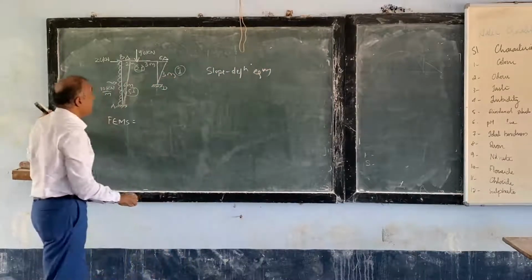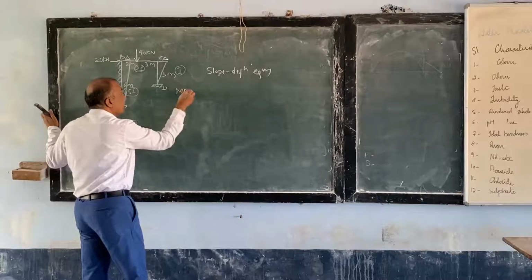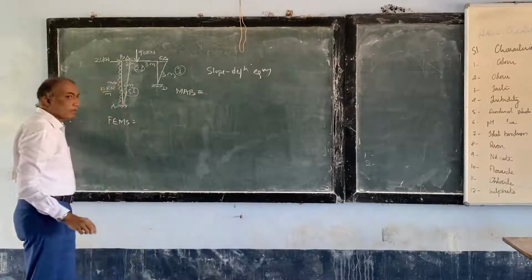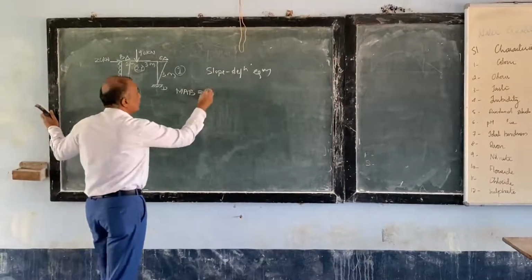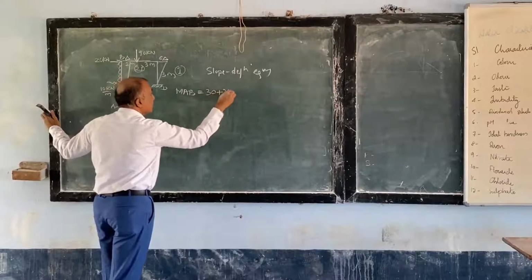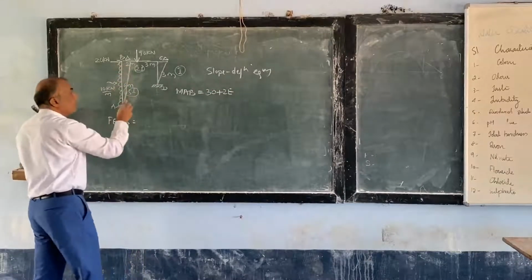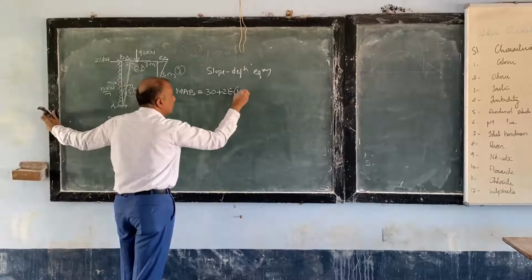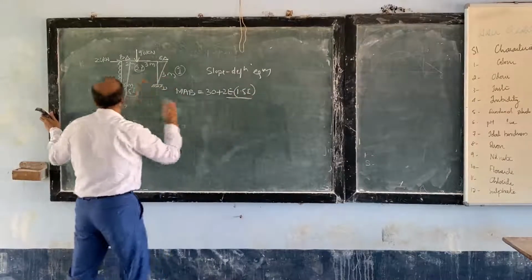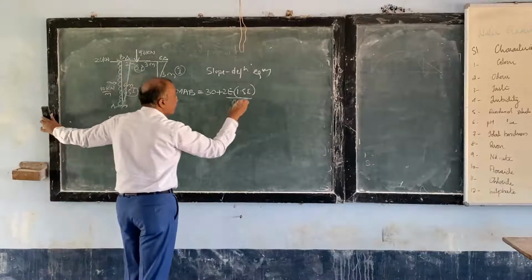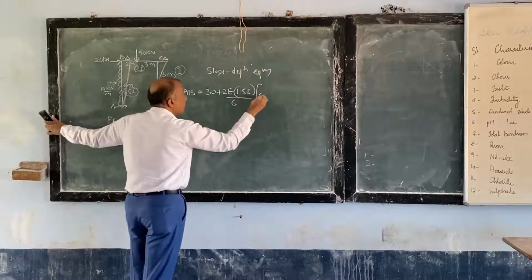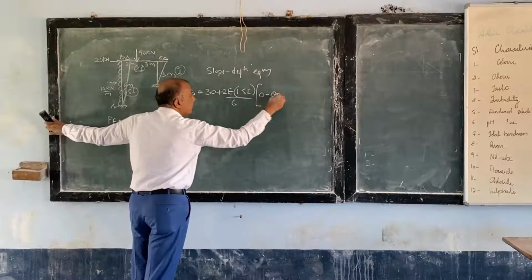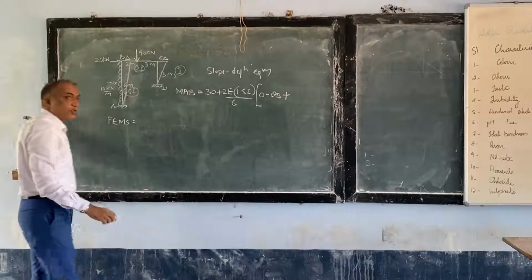Okay, first MAB. MFAB, how much? 30 plus 2E into 1.5 I upon L, 6, into bracket 2 theta A (0) minus theta B, plus what?